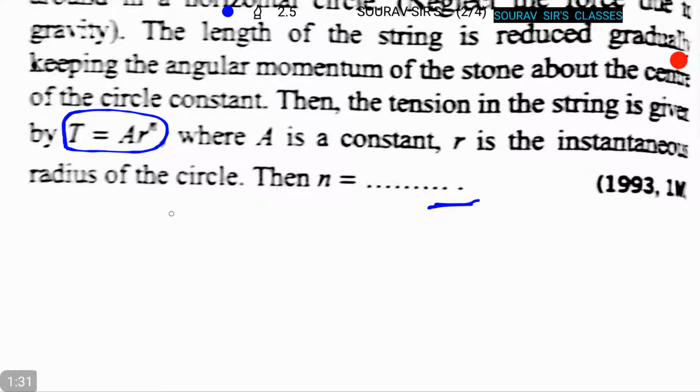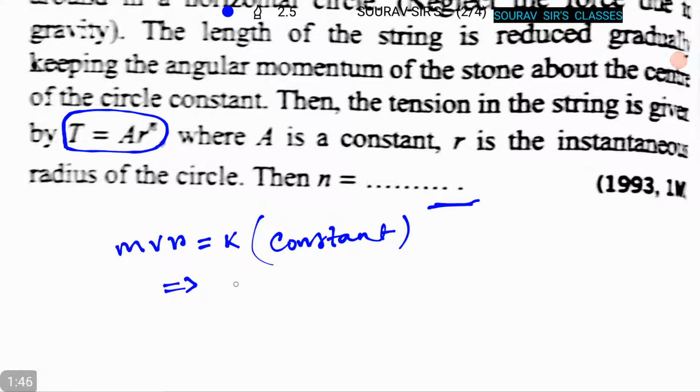We can write m v r is equal to k, that is given, and it is a constant. Now from this we can write v is equal to k by m r.